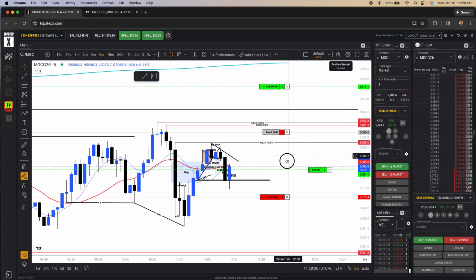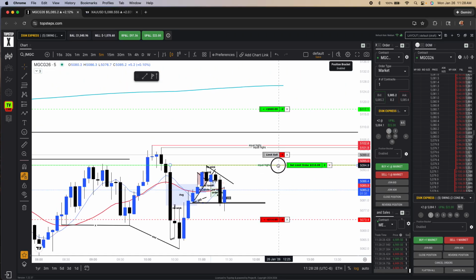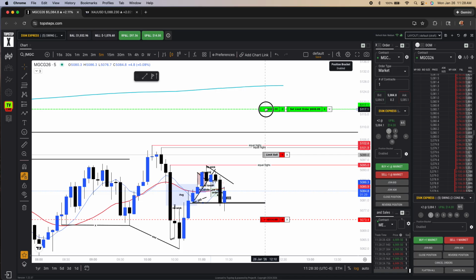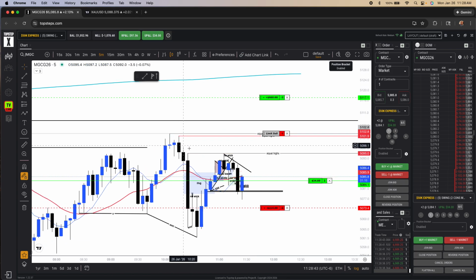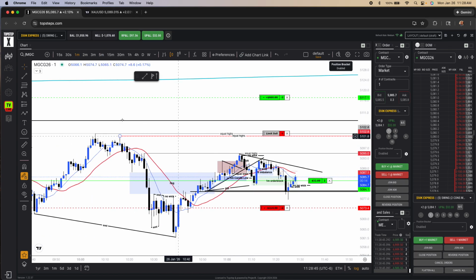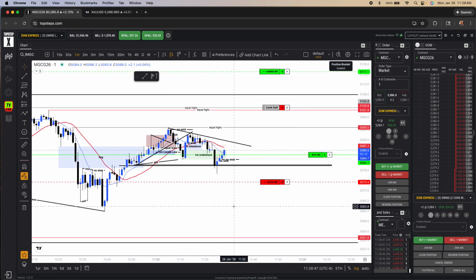Trying to see where I should take profit at. Don't want to be greedy, like I said. I might take profit like right there on the first one. Or actually, what I'll do is I'll probably start to trail my stop loss once we get really close to this, because I believe, like I said earlier, we're just gonna run through this now.